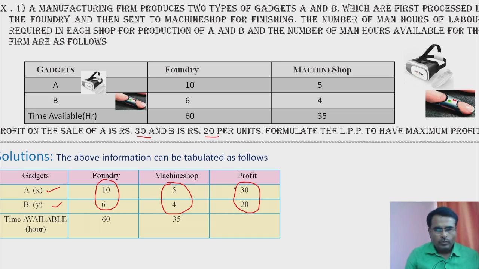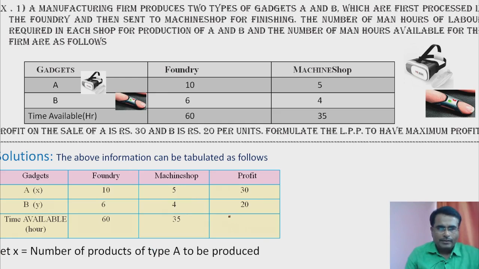Now we have to consider the first step, that is decision variables. That is, we consider x as the number of products of type A to be produced. So this is your first decision. x denotes number of products of type A to be produced, and y is considered as number of products of type B to be produced.